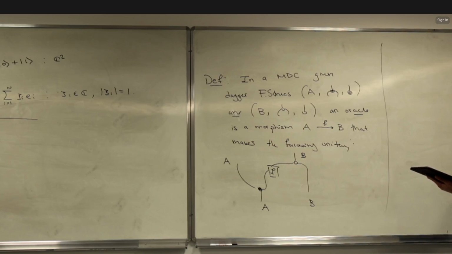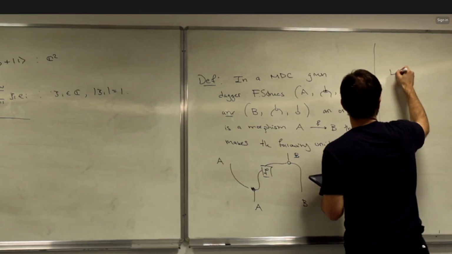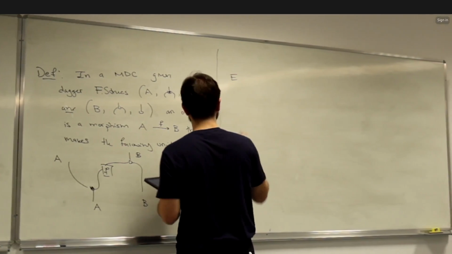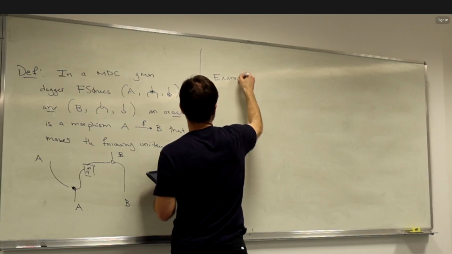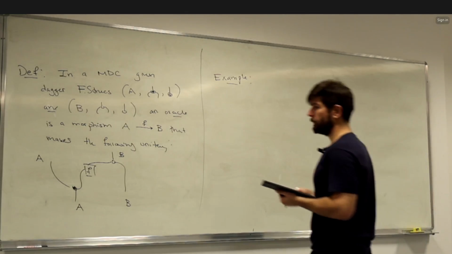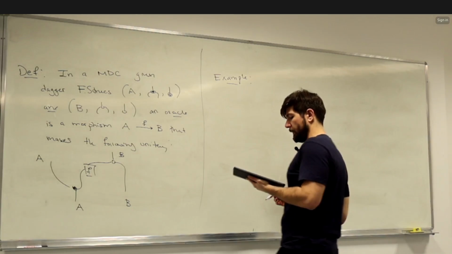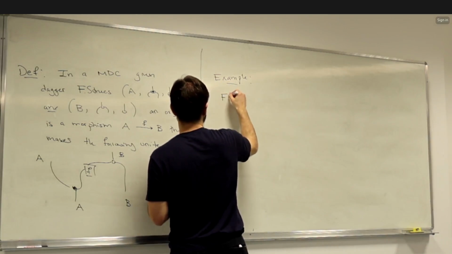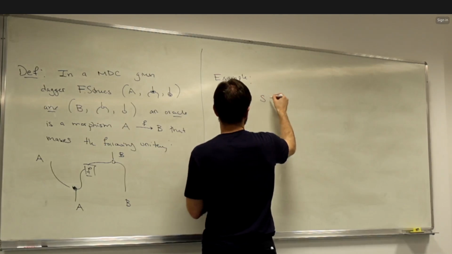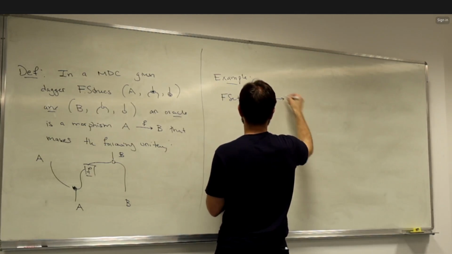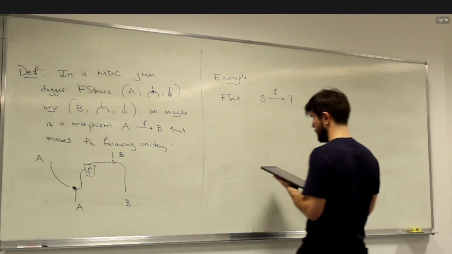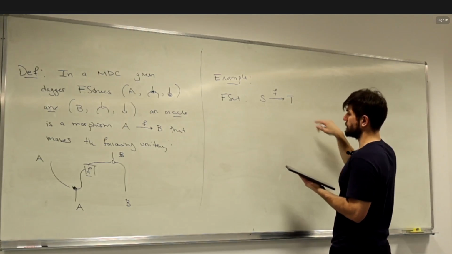Maybe an example would be good here. So the example is going to be something like this. Hopefully I'll be able to highlight the main point. If you have some finite sets S and T, and you have some morphism F between them, then this sort of induces a morphism between Hilbert spaces.